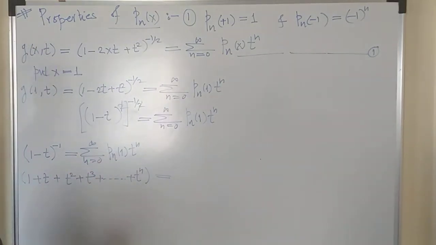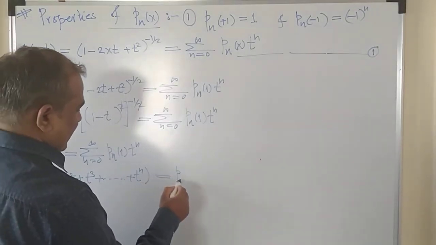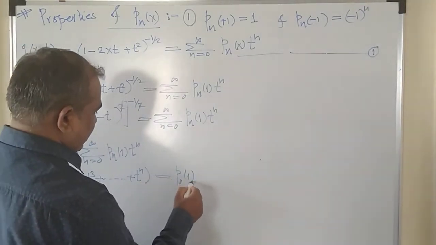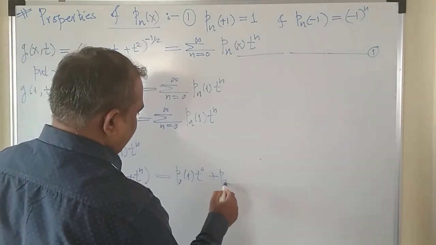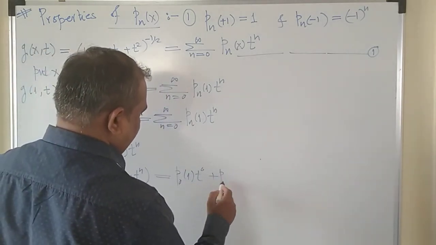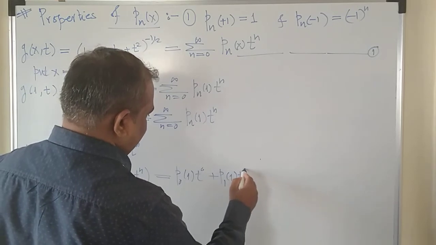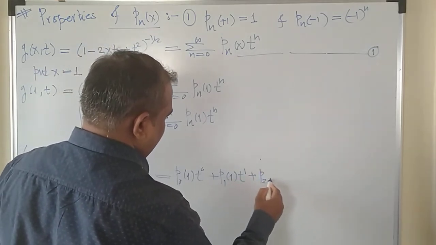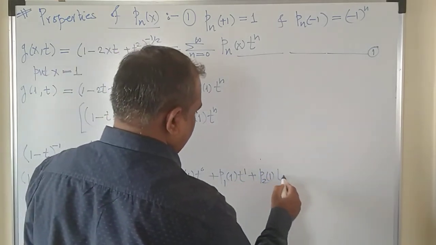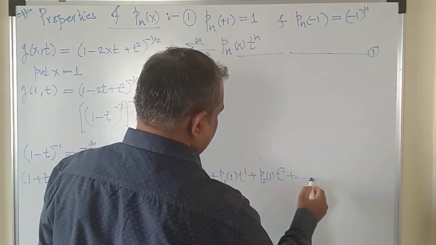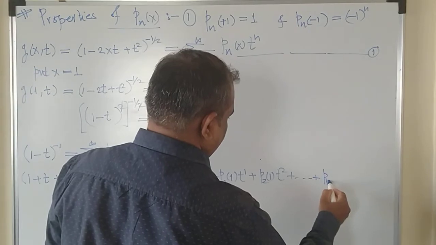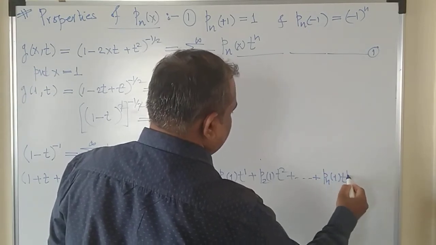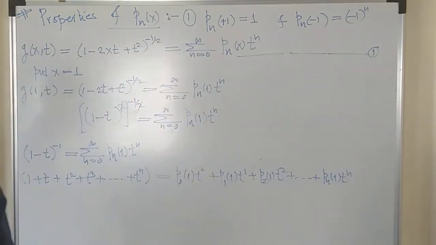We got this expansion, and this is equal to, putting the values n equals 0, 1, 2, 3, the first term as P0 of 1 into t raised to power 0, plus P1 of 1 t raised to power 1, plus P2 of 1 t square, plus dot dot dot plus the last term Pn of 1 t raised to power n.